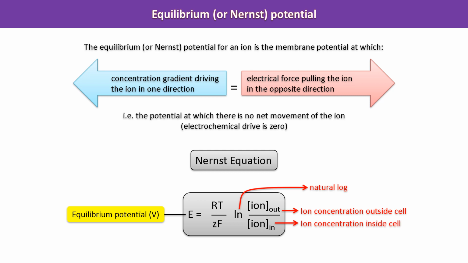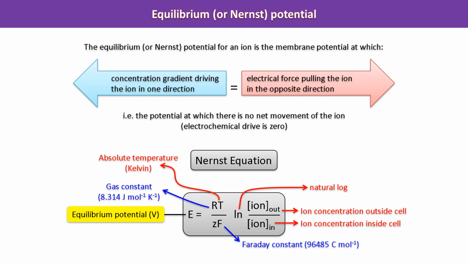The equilibrium potential is temperature dependent, and this is represented in the equation by T. It is important to remember that in this equation the temperature must be given in units of Kelvin. That is, the absolute temperature. Two of the parameters, R and F, are standard physical constants, the gas constant and Faraday's constant.